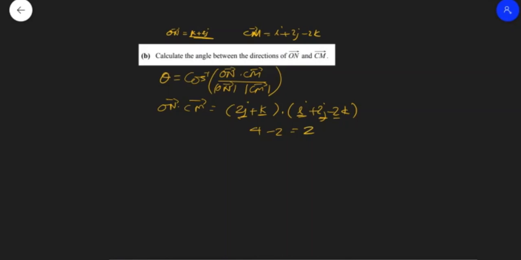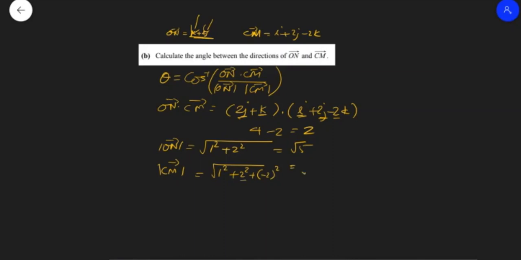Alright, now the magnitude of ON will be square root, this is 1 and this is 2, so 1 square plus 2 square, that is square root 5. CM, its magnitude will be square root of 1 square plus 2 square plus minus 2 square. So that comes out to be 1 plus 4, 5 plus 4, 9.